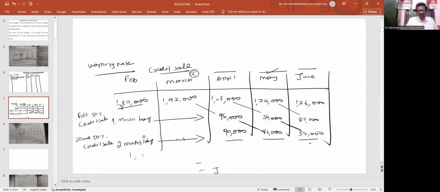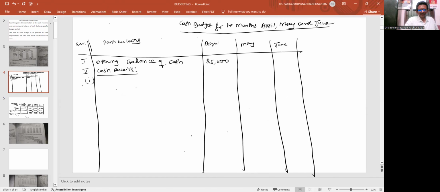Here, while you are writing the cash receipts, first write credit sale. As far as this particular problem is concerned, there is no cash sale, only credit sale. Number one.